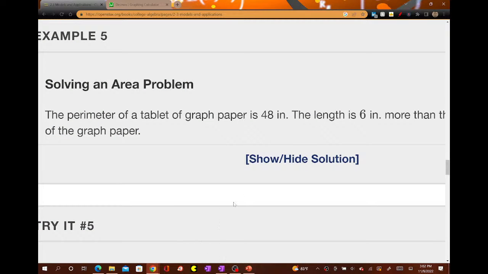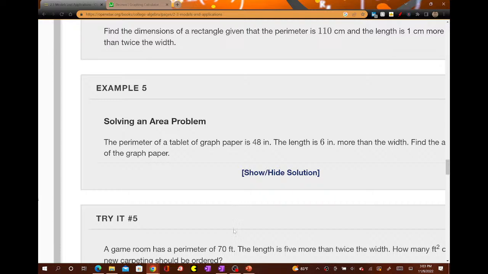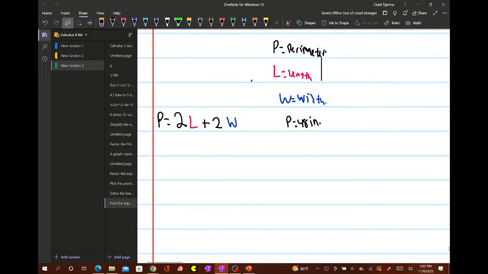Now, it says the length is 6 inches more than the width. So the length, L, is 6 inches more than the width. So it's going to be 6 plus W, right? Okay, so the length is 6 plus W.